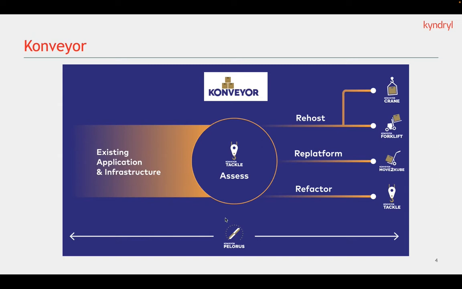you would look at one of these sub projects within Konveyor, and the choice you would make would be the result of some assessment. There's actually a tool that helps you called Tackle, and then you can look at what are my 6 R's or 5 R's that are industry standard. I'm going to rehost, replatform, refactor, and based on that path, I'm going to have a different tool and Konveyor sub project that's going to assist me.